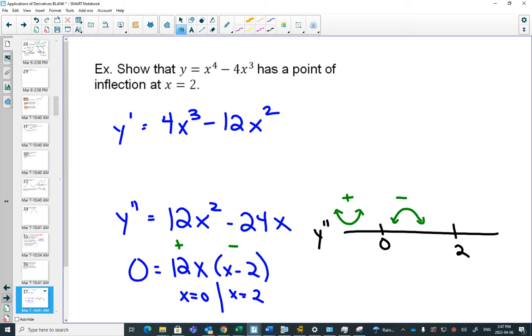Here we have that it is concave down. And thirdly, above 2, these will both be positive.